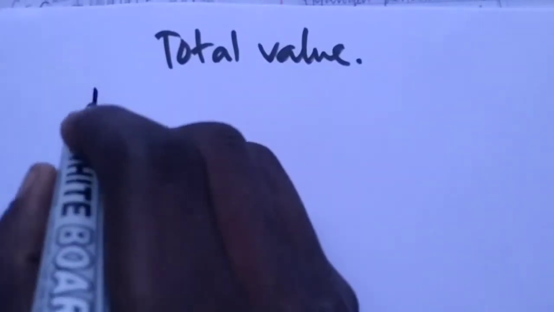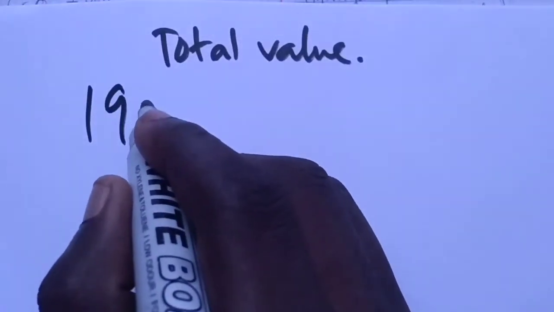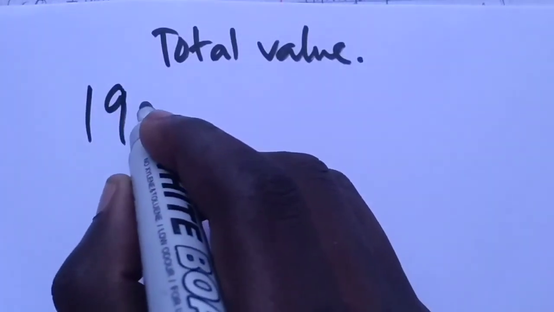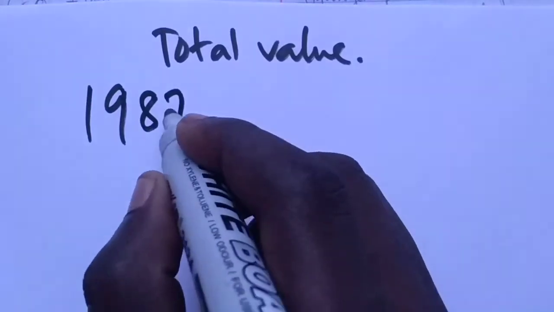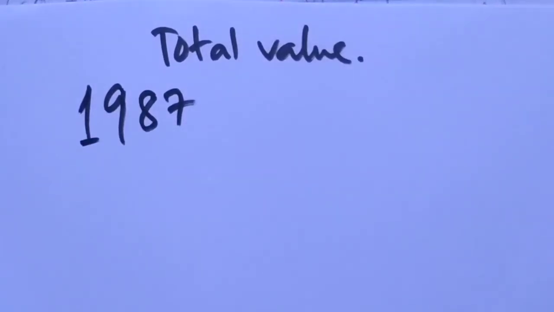Now we have already discussed the concept of place value, and I hope every one of you has already understood what is meant by the term place value. Now we need to understand what is the total value of a number, or the total value of a digit. Let's take the same example, 1987.